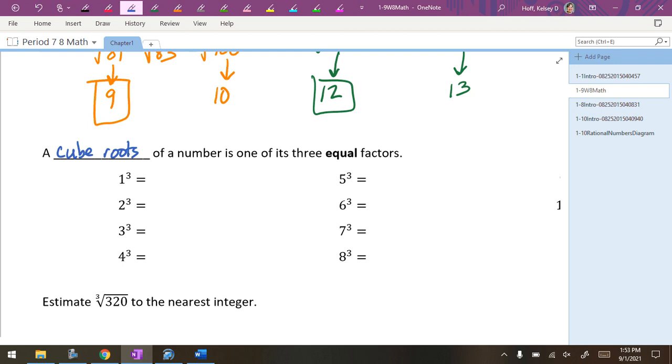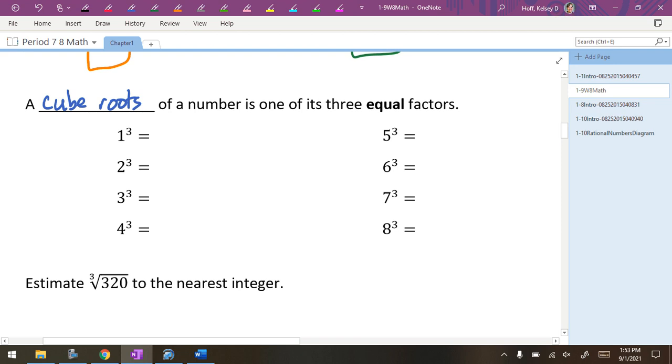Again, I will help you with this, but listen to what I'm saying to you before you shout an answer, okay? 1 times 1 times 1. 1. 2 times 2 times 2. Good. 3 times 3 times 3. 27. 4 times 4 times 4. 64.